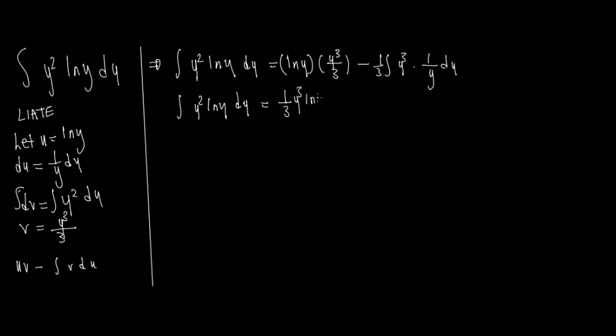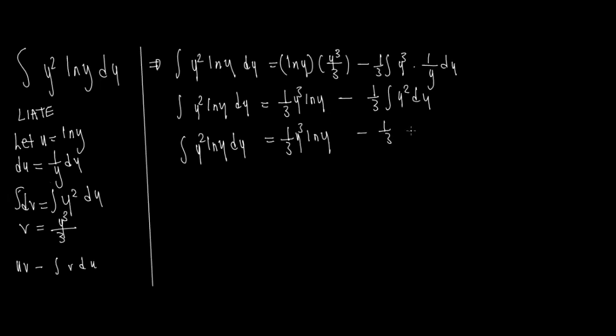So the integral of y squared ln y dy is equal to 1 over 3 y cubed ln y minus 1 over 3 times y cubed over 3 divided by y, which is y squared dy. When we apply the power rule here, this one will become y cubed over 3.